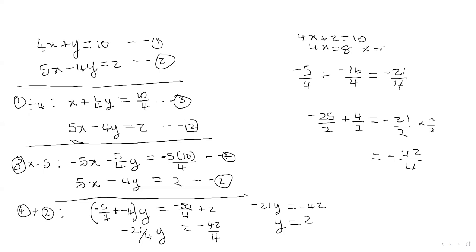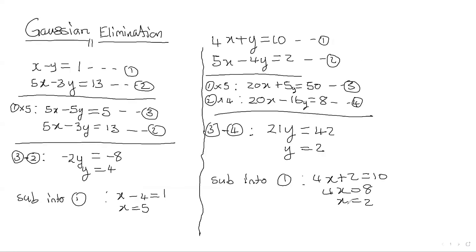Therefore, x is equal to 2, which is the same thing we got here previously. x is equal to 2, and y is equal to 2. You see, the same thing, but look at how quick this was and how neat it was compared to this one.